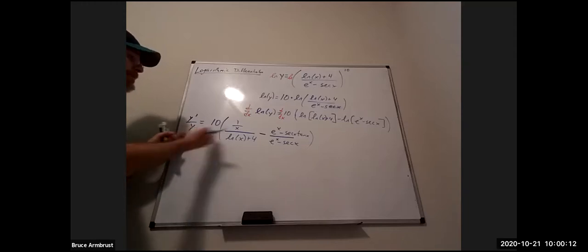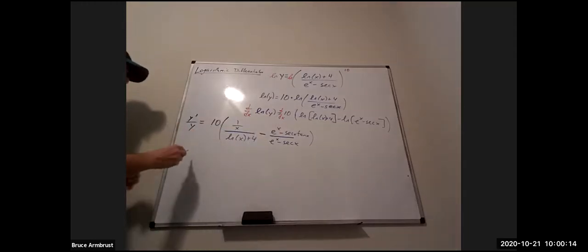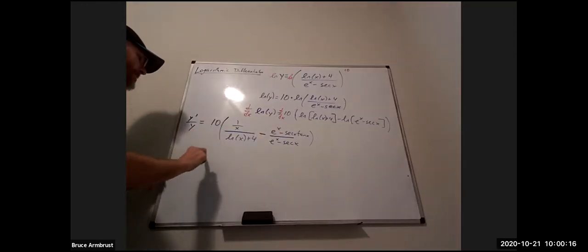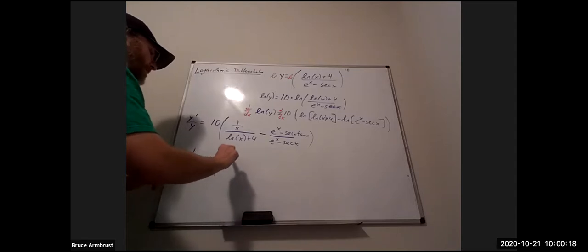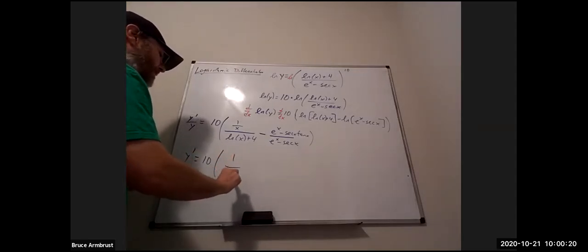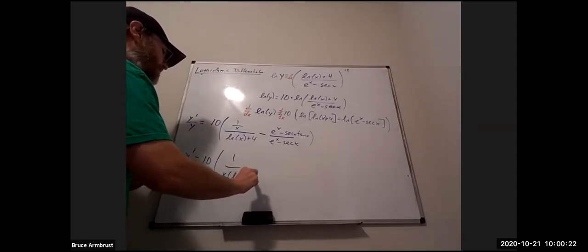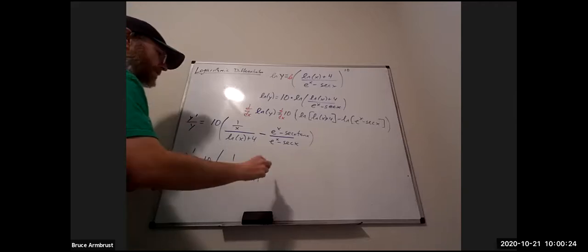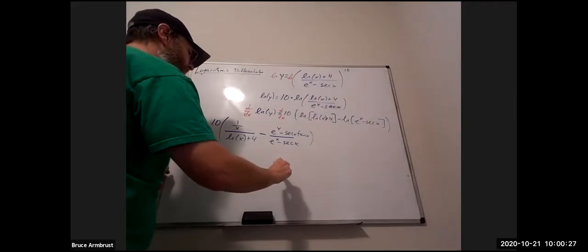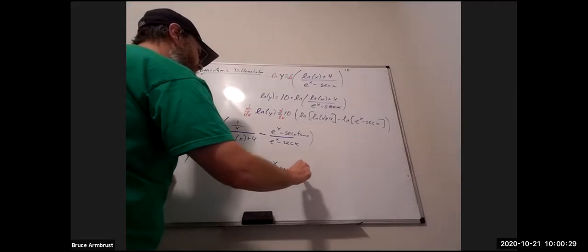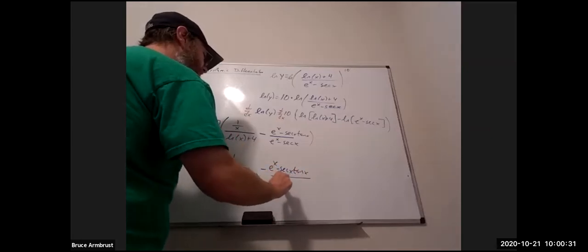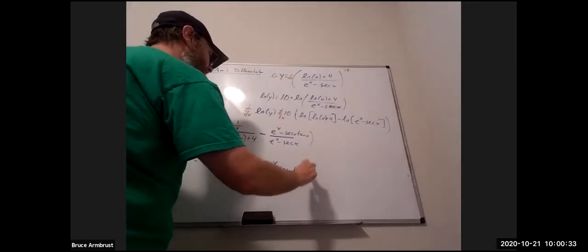So again, we need to multiply that y to the other side. So we get y prime is equal to 10 times 1 over x times the natural log of x plus 4 minus e to the x minus secant of x tangent of x over e to the x minus secant of x.